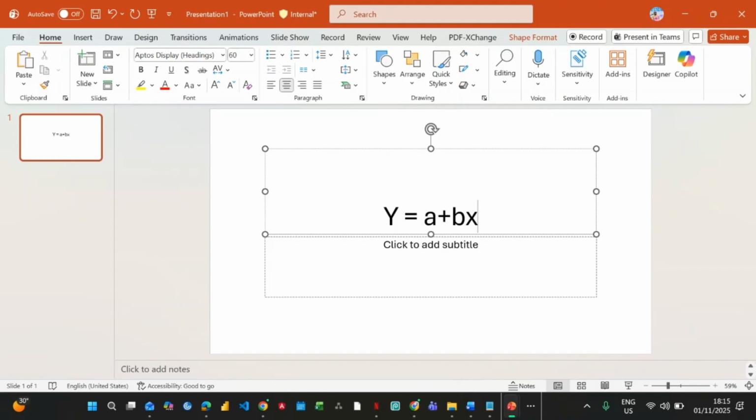Do you get? So this is x. So this y here is depending on whatever x is given. So x is an independent variable. X is not depending on y, but y depends on x.